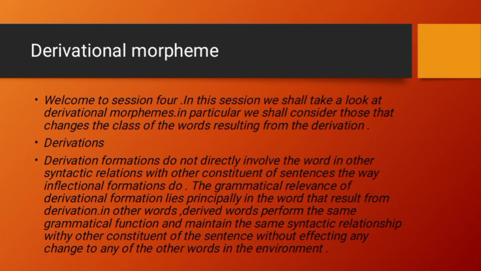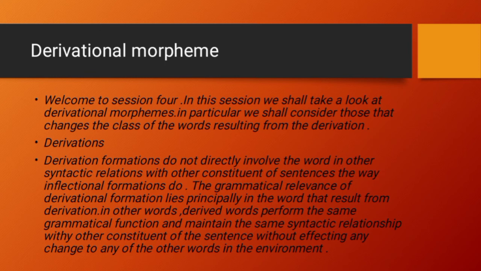Derivational morpheme. Derivational morphemes do not directly involve the word in syntactic relation with other constituents of the sentence the way inflectional morphemes do. The grammatical relevance of derivational morpheme lies principally in the word that results from derivation.